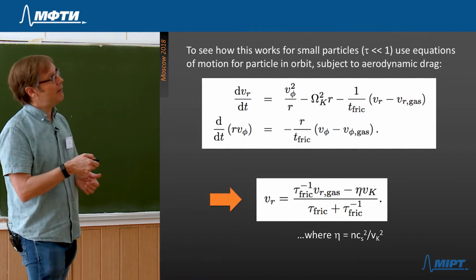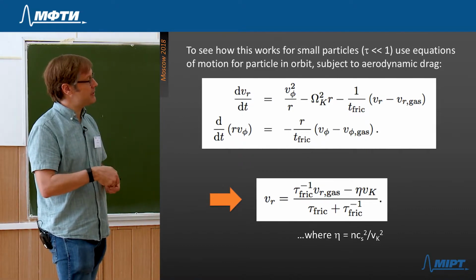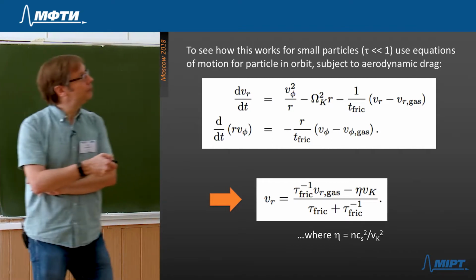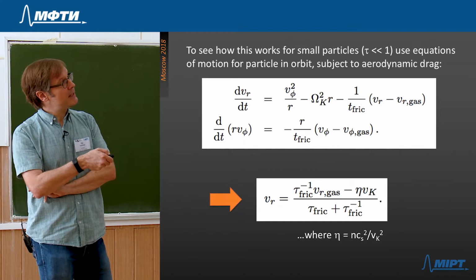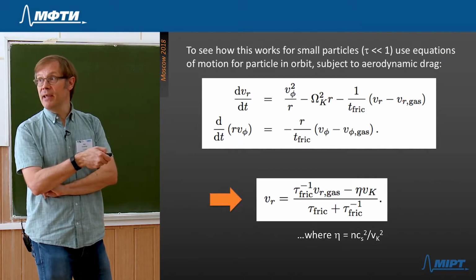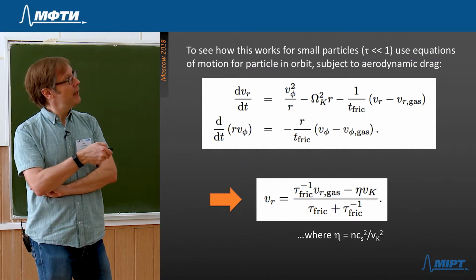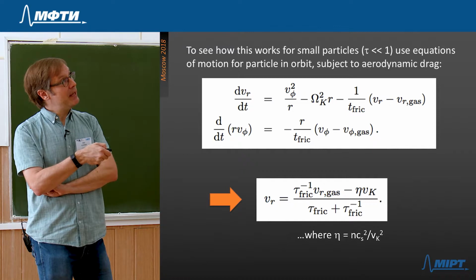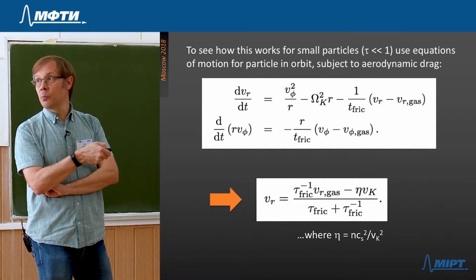Okay? And here we have the dimensionless friction time, which is the same as the stopping time I defined before. So what you can see is that there's this symmetric part on the bottom, the friction time plus the inverse of the friction time. And what that means is that this radial velocity actually peaks when this friction time is 1.